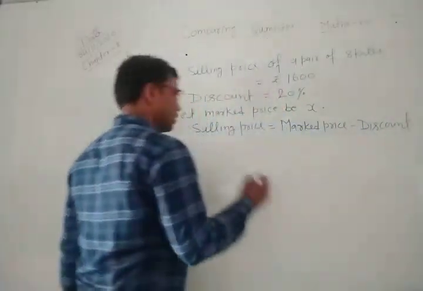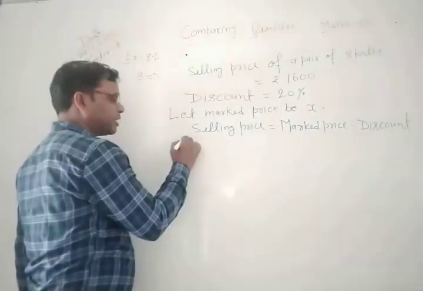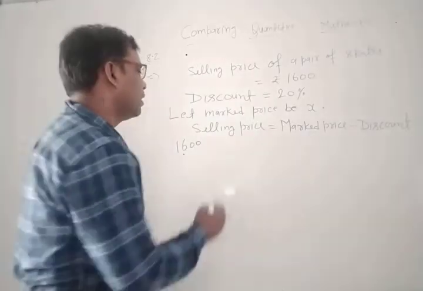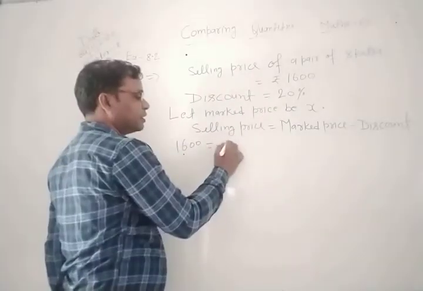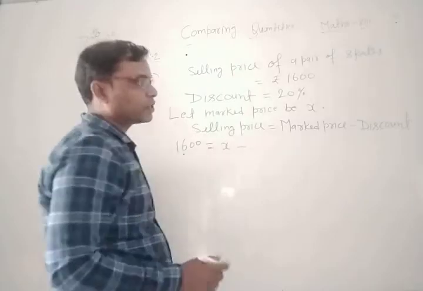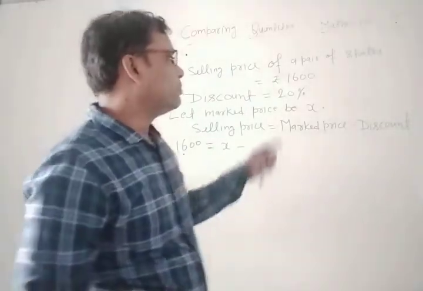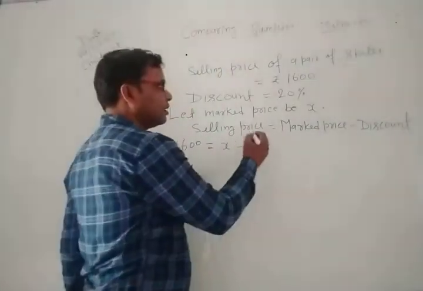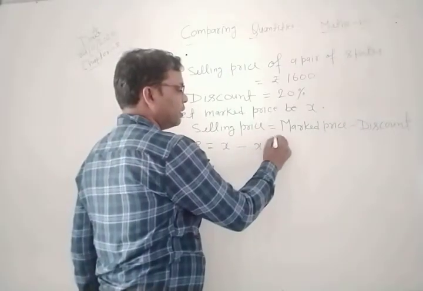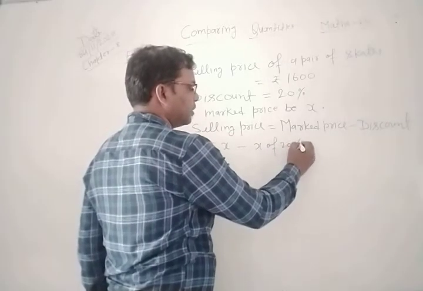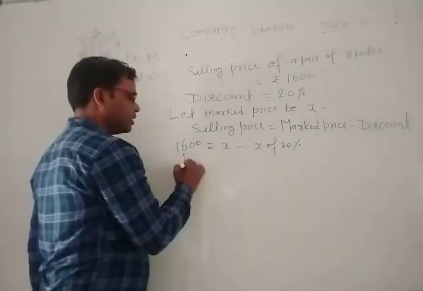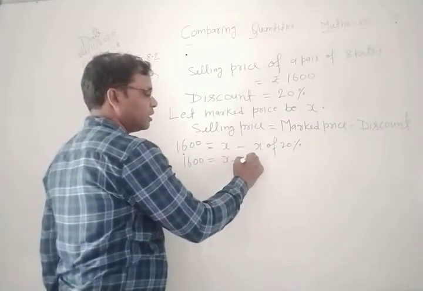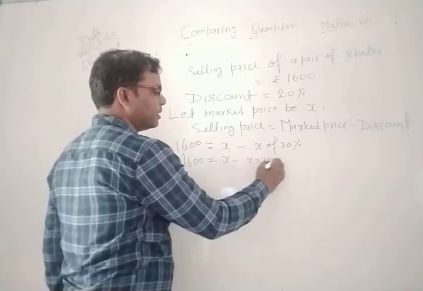Okay, so we can write here the selling price is given, 1,600, and the marked price is x, so minus discount. What is the discount? Discount is 20%. We find discount on the marked price. So you can write x of 20%, or you can write 1,600 equals x minus x into 20/100.